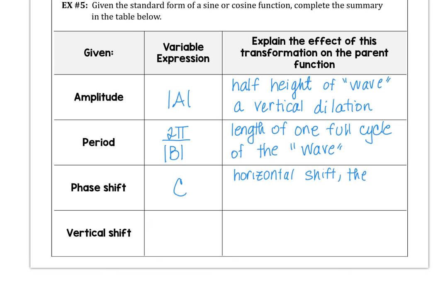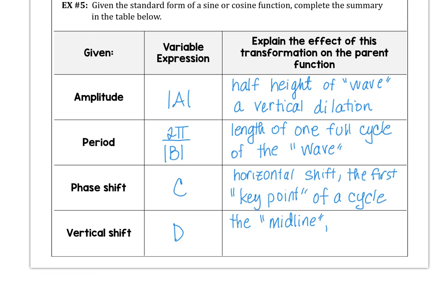It's the first key point. I'm going to put key point in quotes of a cycle. And then the vertical shift is the D value, and we're calling this the midline because it moves the entire graph. It's like a new x-axis, we said. It's going to move that entire graph up or down.